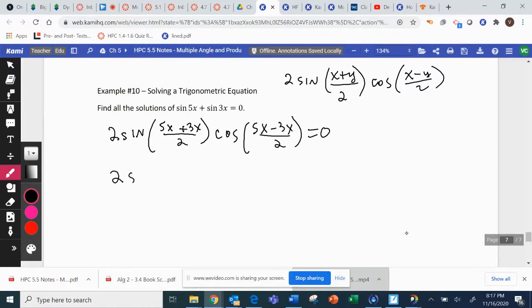So 2 sine, this is 8x over 2, 4x, cosine 2x over 2, so x. So now this is actually factored. So we can take sine 4x and set it equal to 0, and cosine x and set it equal to 0 as well.